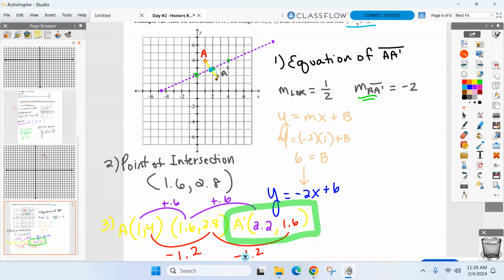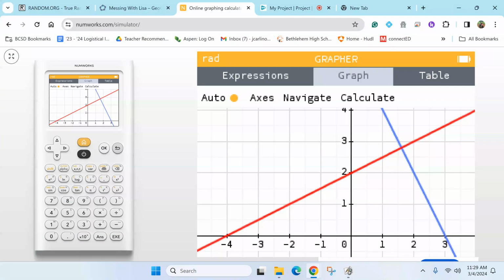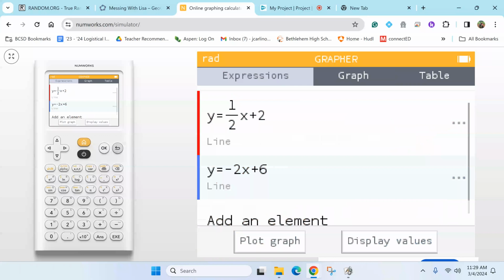All right. Questions, Zeev? 1.5 and 2.75. Hit your back button. Do you have the correct equations plugged in? Yeah, I checked that. 1/2 x plus 2, negative 2x plus 6.